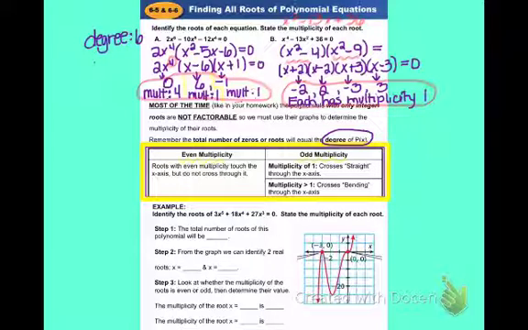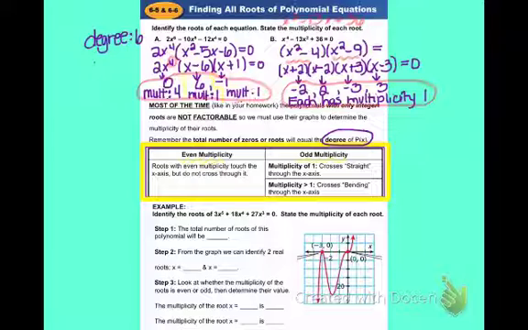So if we have even multiplicity, such as when we had multiplicity 2 or 4, for roots with even multiplicity, their graphs will touch the x-axis. So the graph will come up and touch the x-axis, but will not cross through it. You'll see it come up, touch the x-axis, and then turn around and come back down. And that would indicate an even multiplicity.